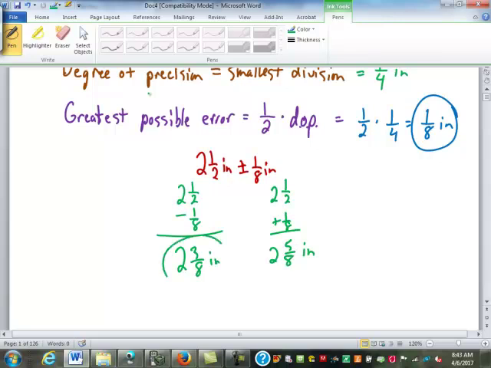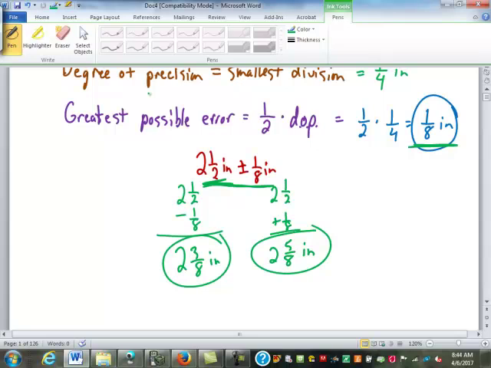So anything measured on a ruler is not exact. It implies a range. So we know the degree of precision of this ruler is 1/4 inch. That means the greatest possible error has to be 1/8 of an inch. So anything measured on that ruler is plus or minus 1/8 of an inch from what we say it's measured.